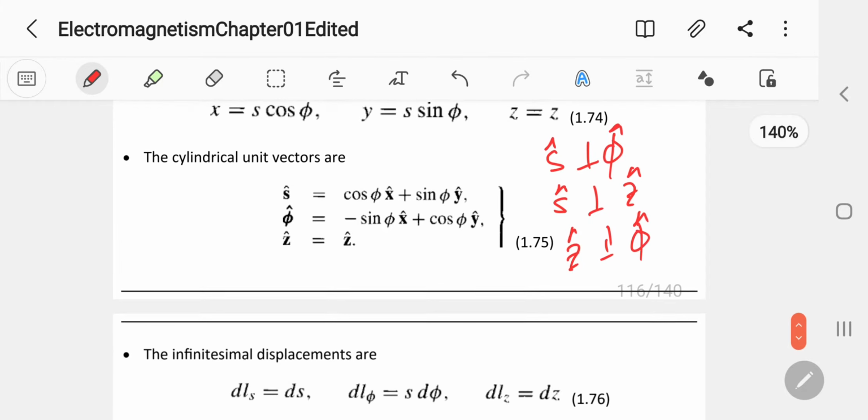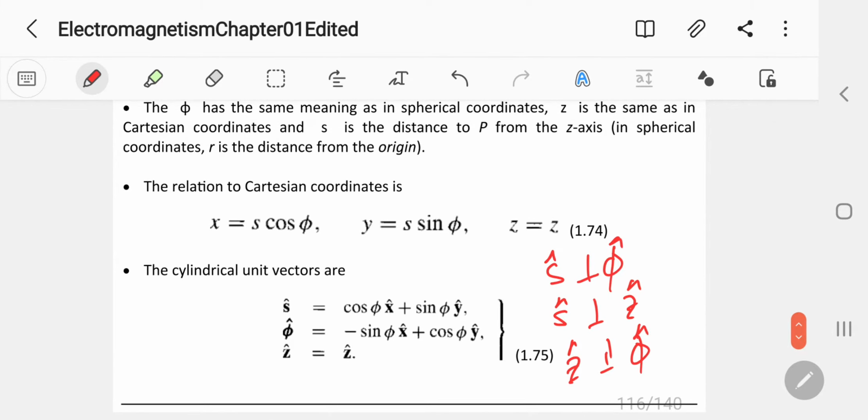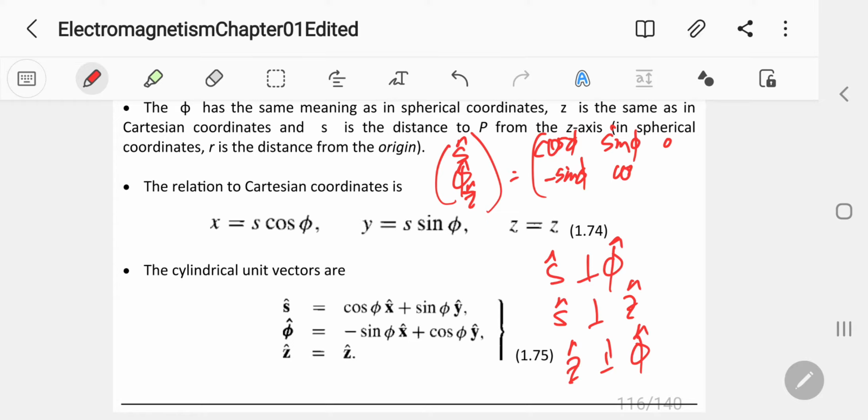So again, you can write this in matrix form as S hat, phi hat, Z hat equal to cosine phi, sine phi, 0; negative sine phi, cosine phi, 0; 0, 0, 1, times x hat, y hat, z hat.